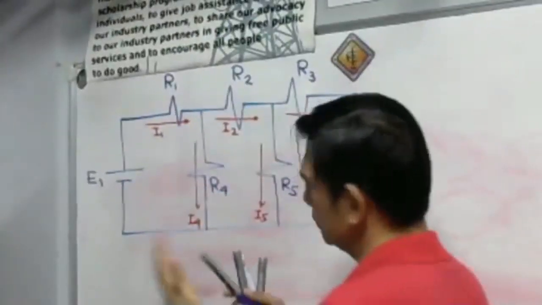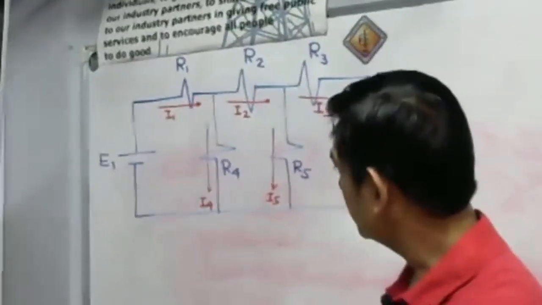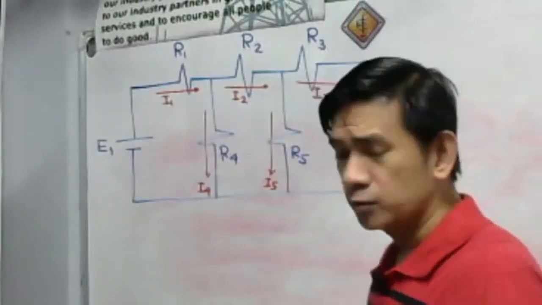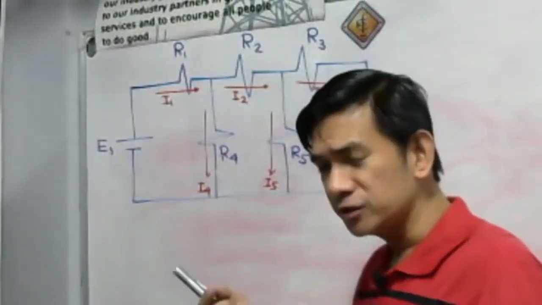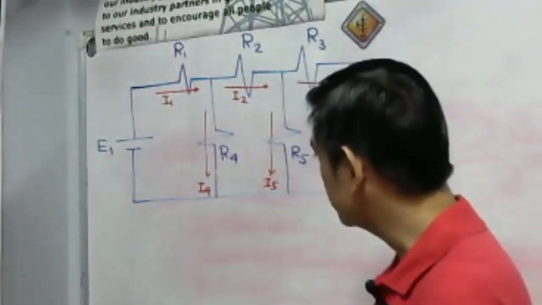Of course, we will not solve all the branch currents, I4 and I5. It's very hard to form 5 equations with 5 unknowns. We will reduce this into 3 equations only. But how to do it?